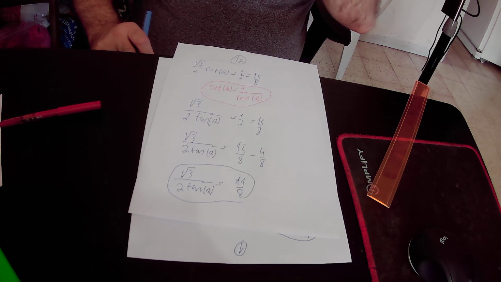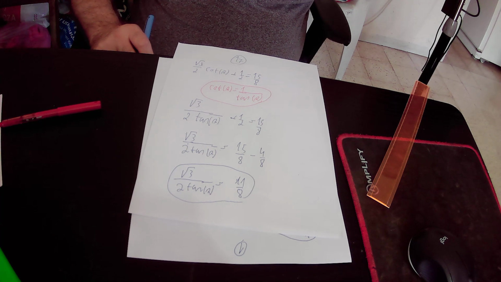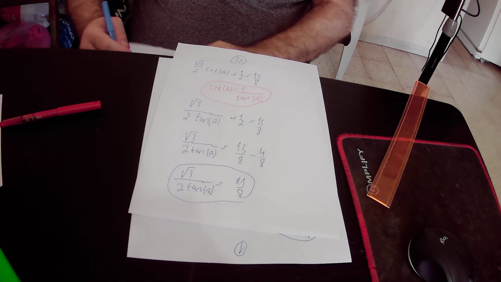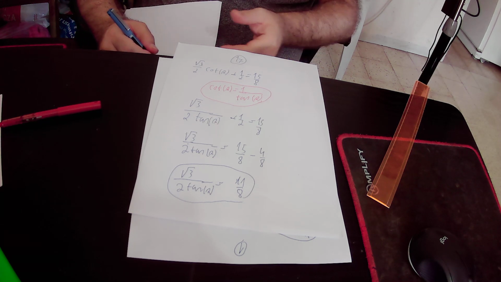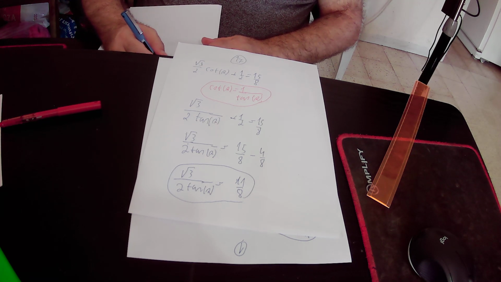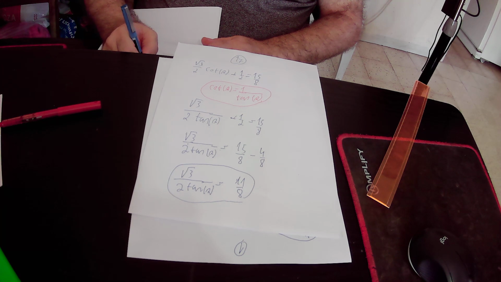So here we will multiply this equality by tangent q, and we will get that 11 over 8 times tangent q equals root 3 over 2.